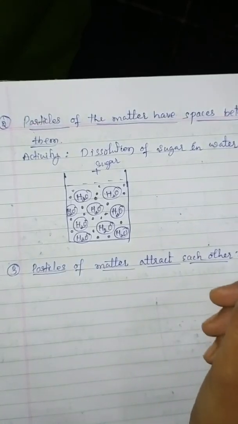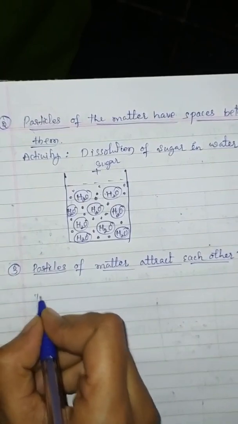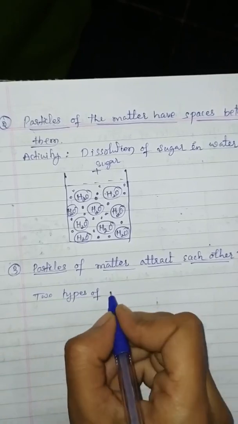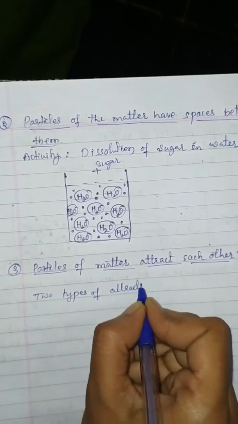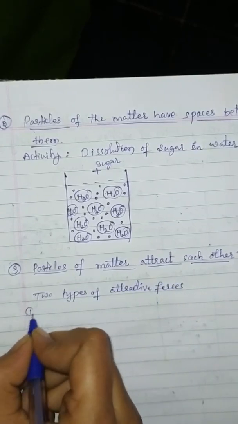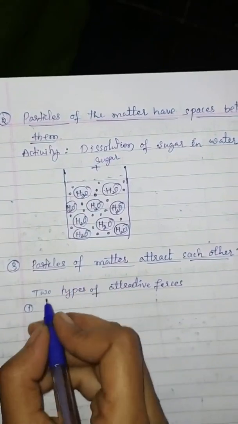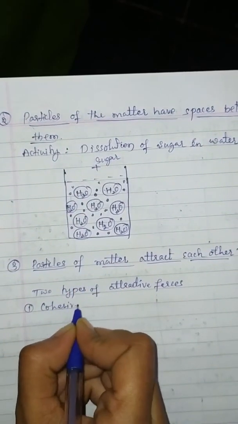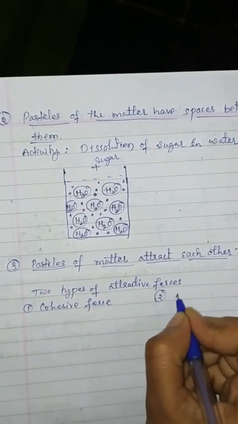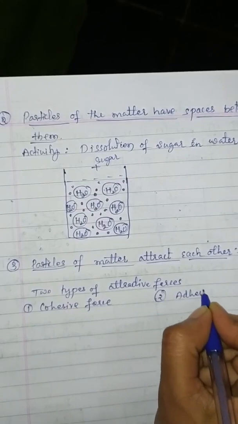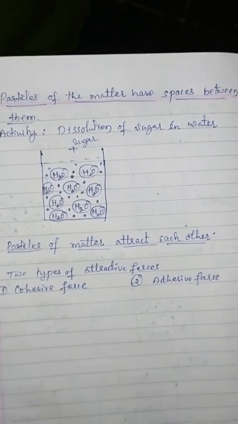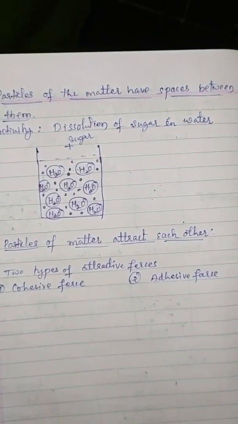There are two types of attractive forces. First one is cohesive force, and second one is adhesive force.